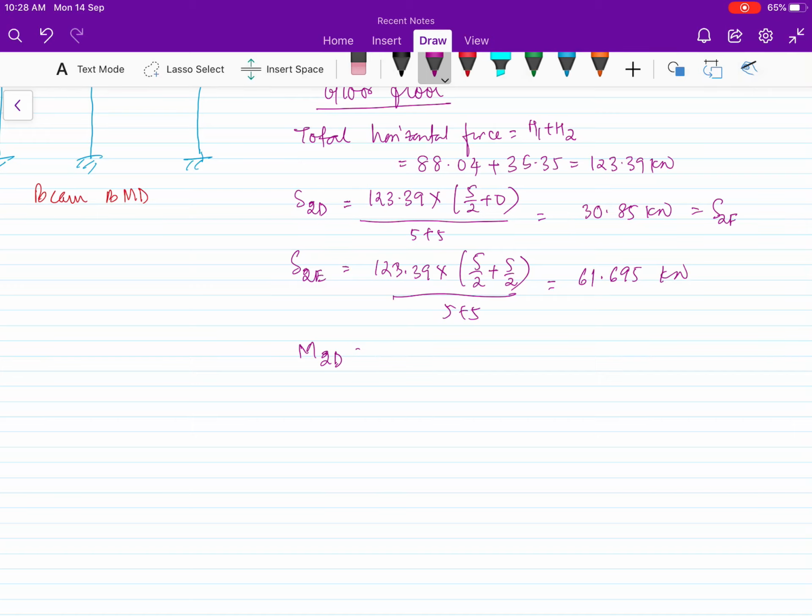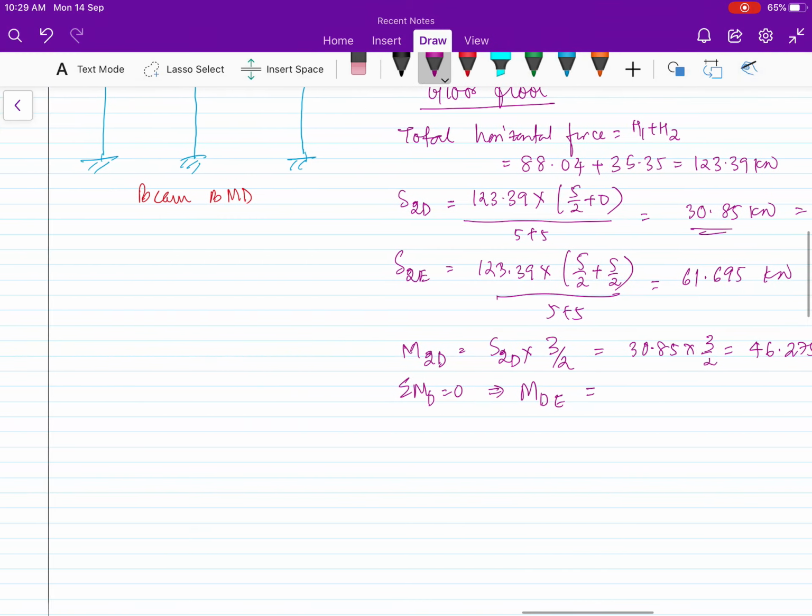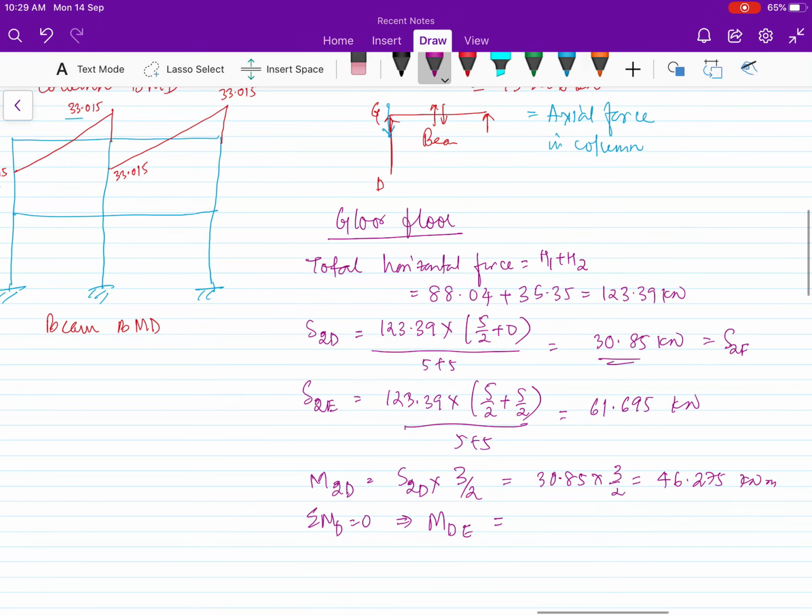The moment at the first column is S2D into the mid height, 3 by 2, so 30.85 into 3 by 2, you are getting a moment of 46.275 kilonewton meter. So the summation of moment at D is equal to 0. That implies the moment in the beam DE. Okay. Moment in the DE is, it's D, right? Okay.